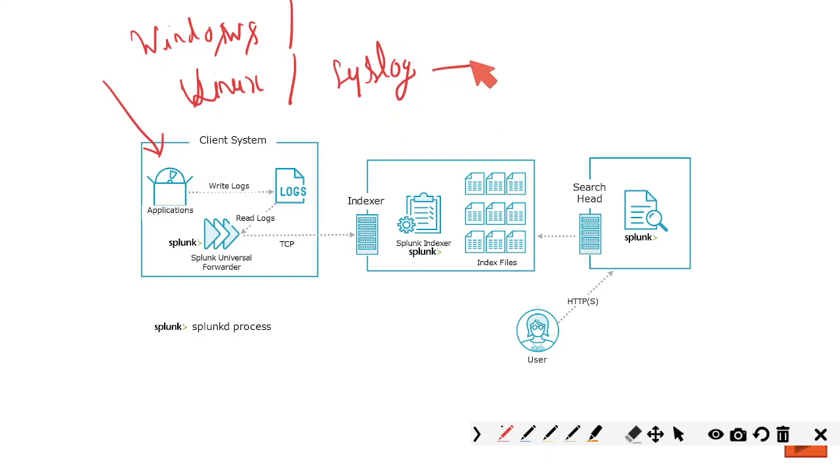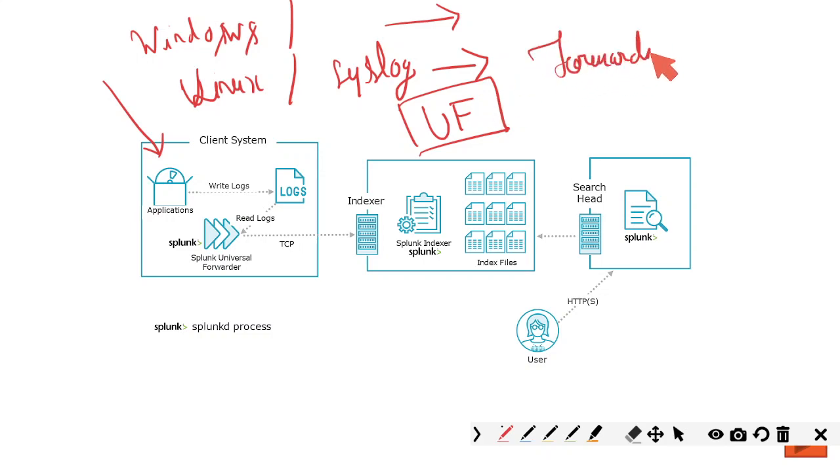And on these particular machines, which we call universal forwarders, which are nothing but the servers again, we will be installing the universal forwarder binary, which is responsible for forwarding your logs eventually into the indexers, right? So this is how it happens.